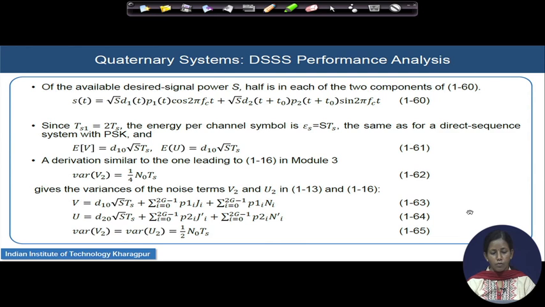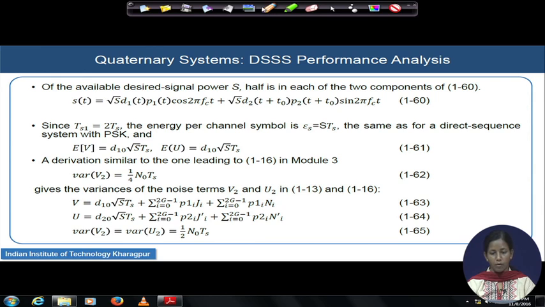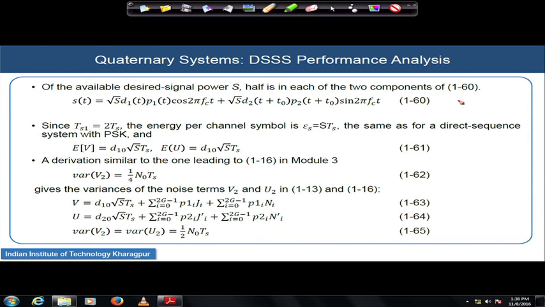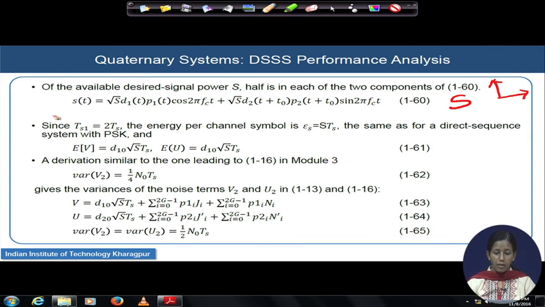So, of the available desired signals, the signal power is S. I understand that S will be the total transmitted signal power. As we are having two different carriers, we will divide the transmitted power equally over both carriers, and that is why half of the power will be loaded on the I phase and half will be loaded on the Q phase signal.